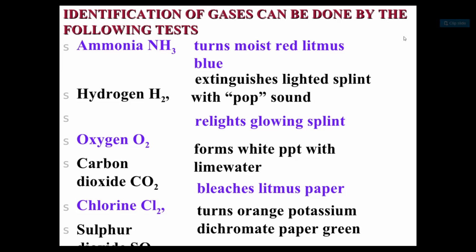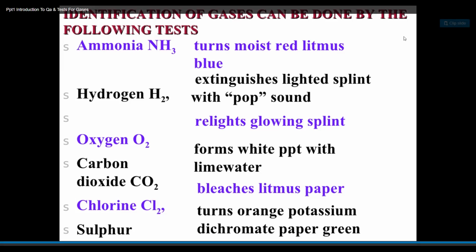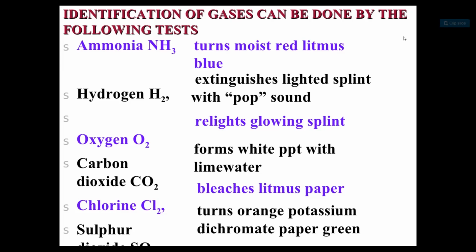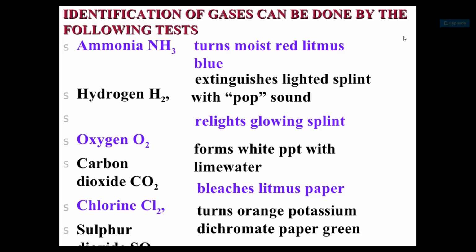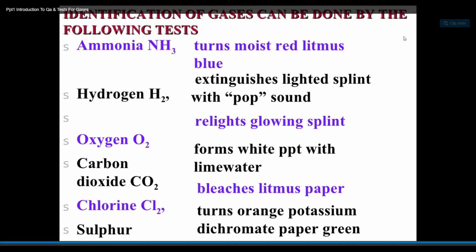So oxygen aids in fire production, and carbon dioxide extinguishes fire. That is why when there is any kind of fire incident, we try not to open the doors or the windows, so that the oxygen supply is limited in that room. And we use carbon dioxide gas in fire extinguishers.